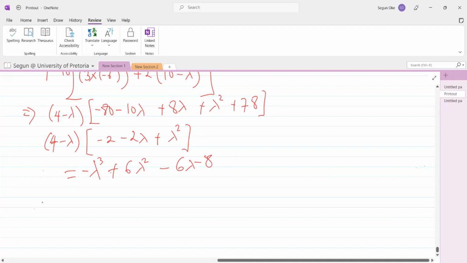So the next thing is to go back to the one with 6, minus 6. Minus 6 is going to be minus 24 minus 3 lambda plus 26. At the end of the day, you have this one to be minus 12 plus 18 lambda. Don't forget, we are still coming to them.